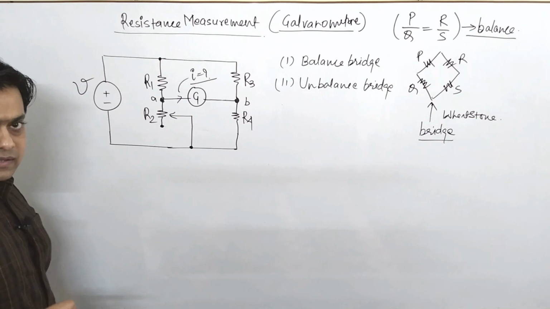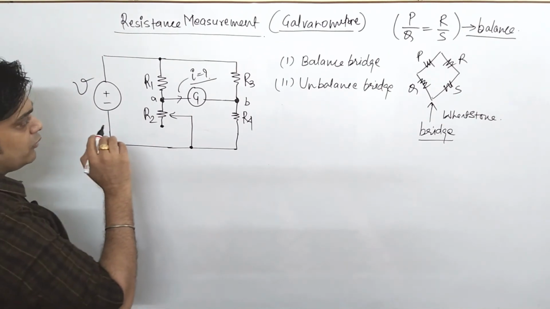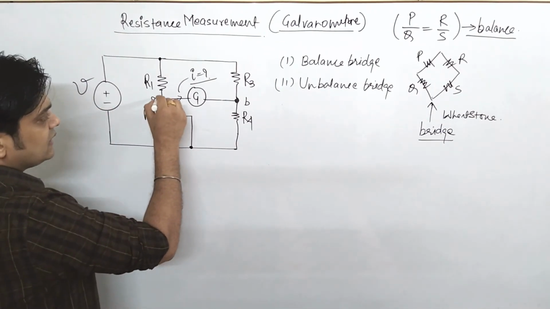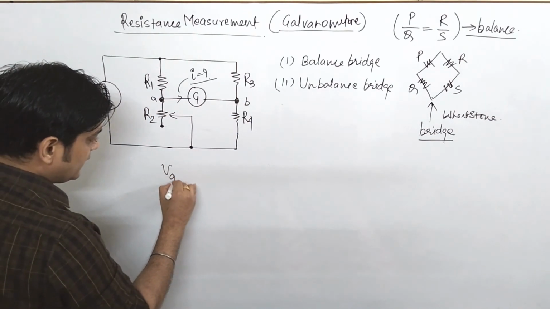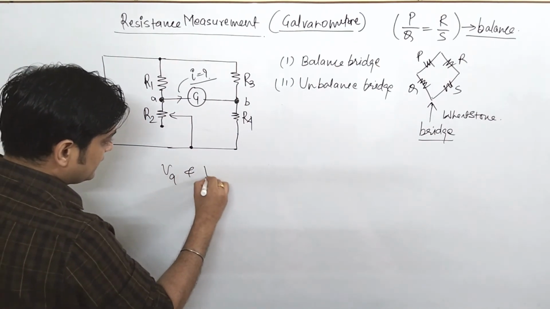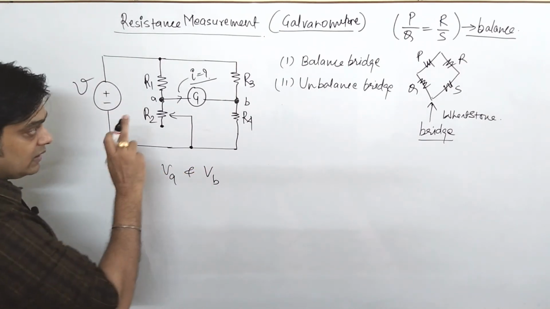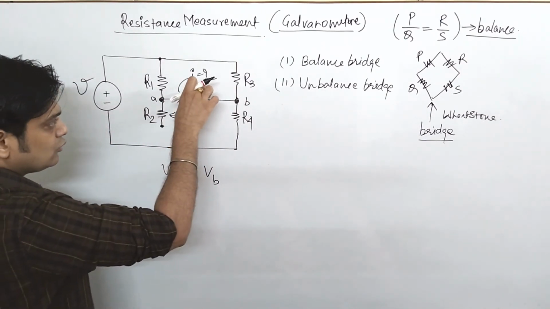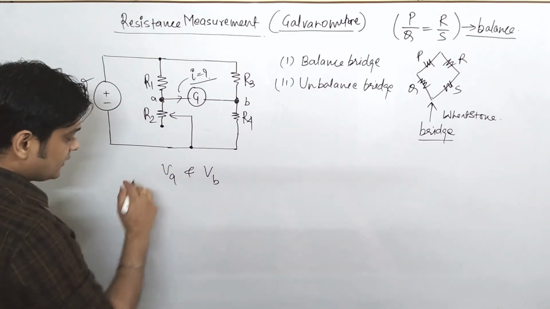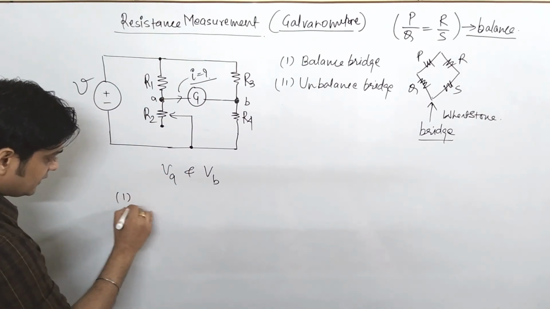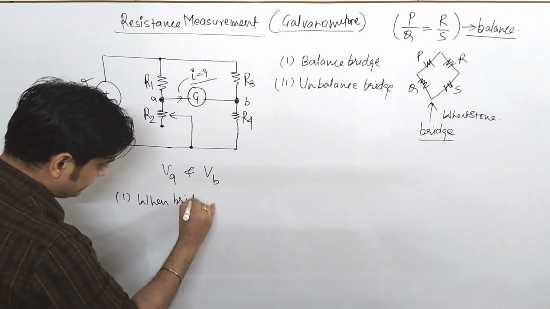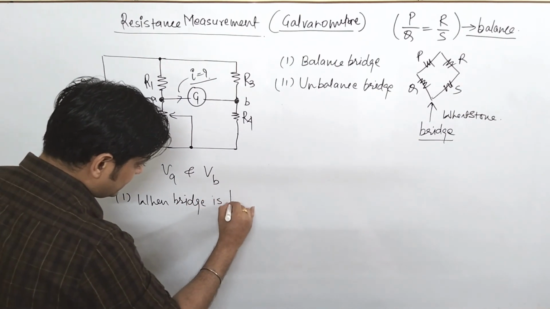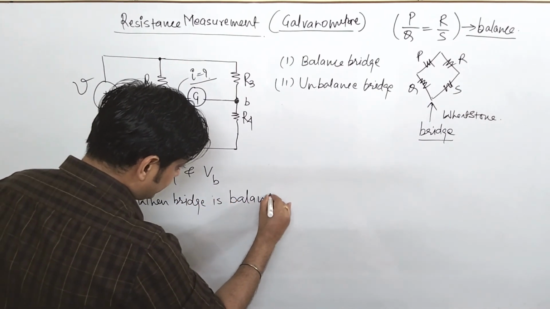If this condition exists here, that means the bridge is balanced in nature, and no current will flow from here. Just write: first condition, when bridge is balanced. This is a very important thing.